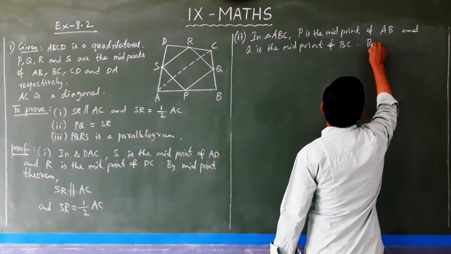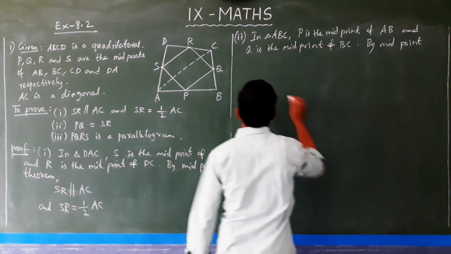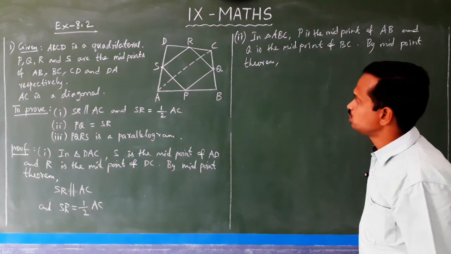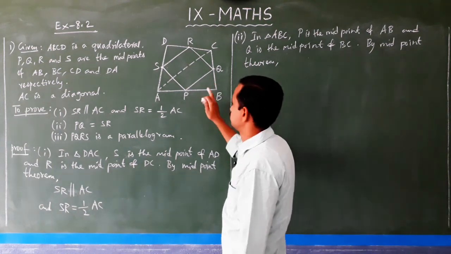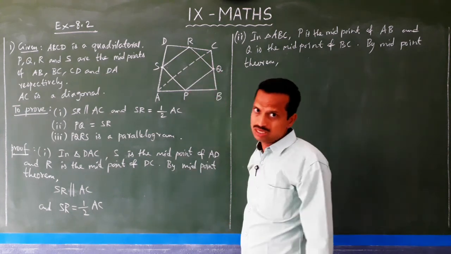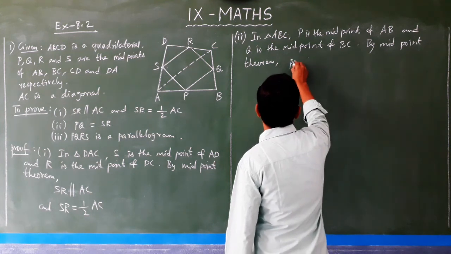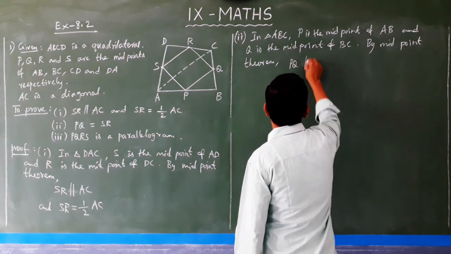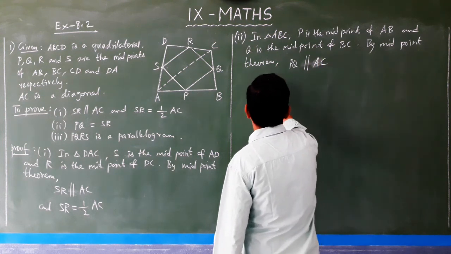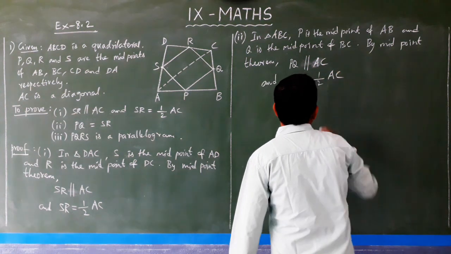By the midpoint theorem, we can say that PQ, the line segment joining the midpoints of two sides of triangle ABC, will be parallel to the third side AC and is half of it. So PQ is parallel to AC and PQ is half of AC.